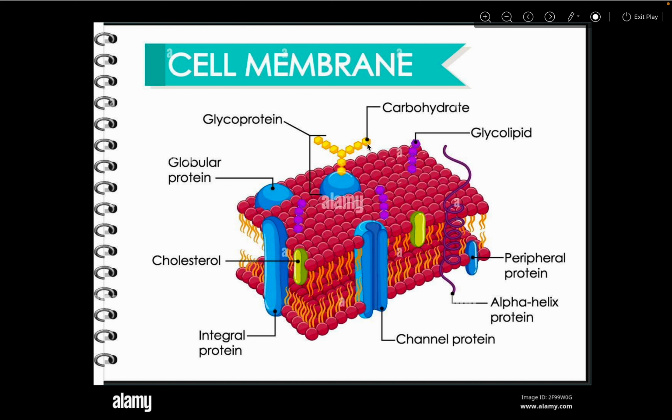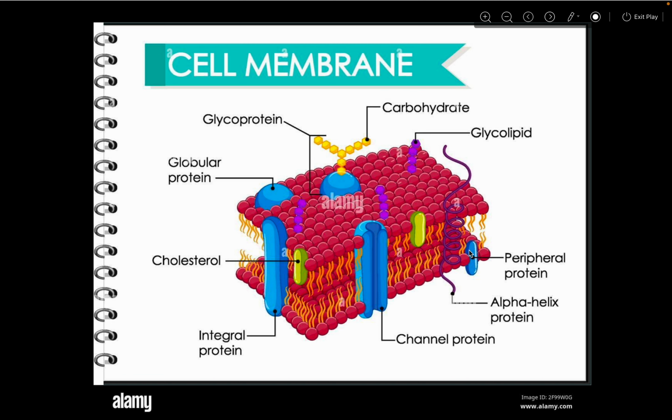And at the end of it, you will see the carbohydrate. At the outermost layer of the cell membrane, you will encounter this purple structure that is aligned on the surface, and this one is what you call the glycolipid.